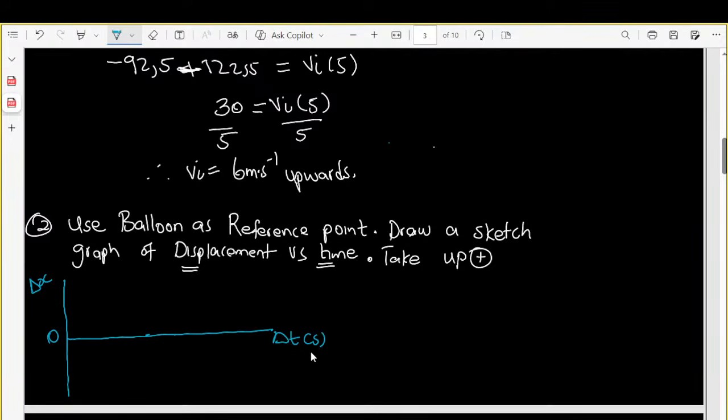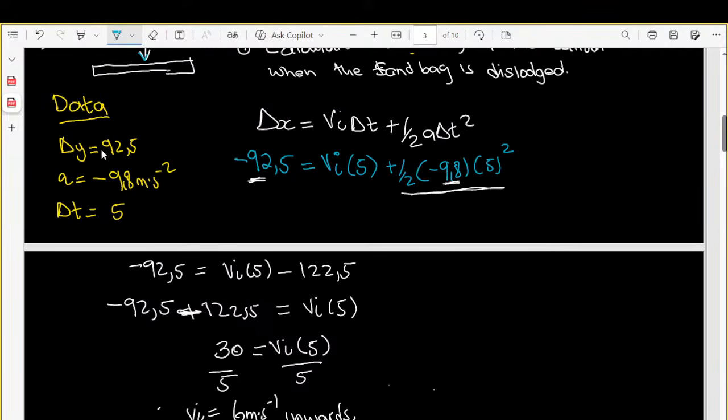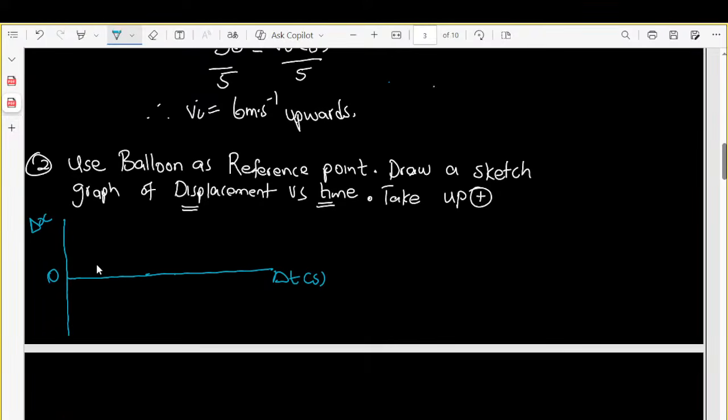I need you to pay attention. One thing we remember is that delta y is minus 92.5. So I'll just go on my graph and put my delta y. I know that minus is somewhere here. Remember, if this is 0, going down, we're going to have negative, that 92.5 somewhere there. This is where I'm going to have the negative 92.5. Maybe I should just erase this so I can write it well.